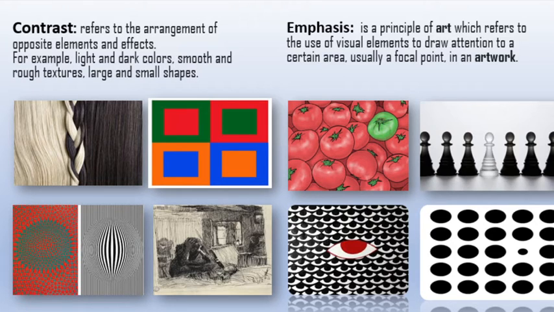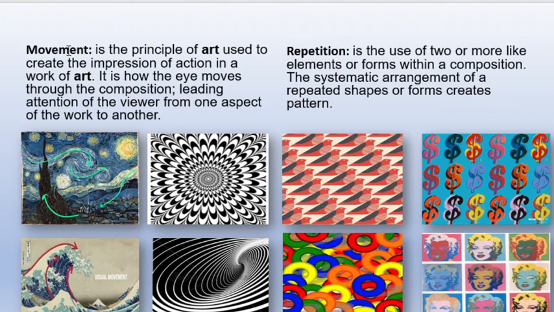We move on to movement. Movement is the principle of art used to create the impression of an action in a work of art. It is how the eye moves through the composition, leading the viewer's attention from one aspect of the work to another.